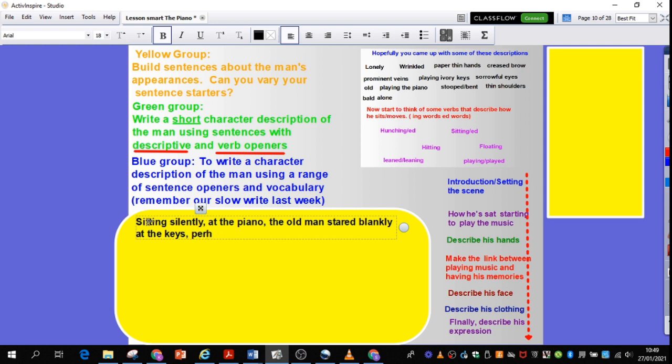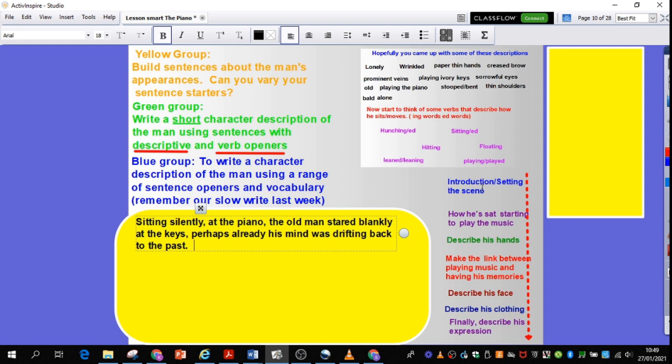Perhaps already his mind was drifting back to the past. Silently sitting at the piano, the old man stared blankly at the keys. Perhaps already his mind was drifting back to the past. Right. So I've done that already, just in one sentence.